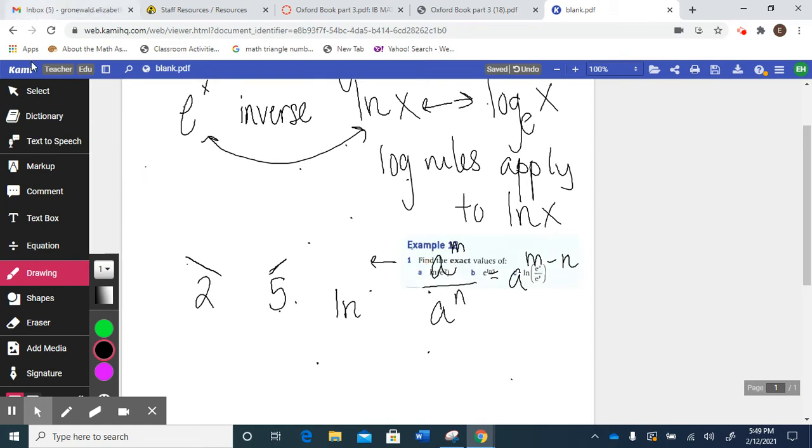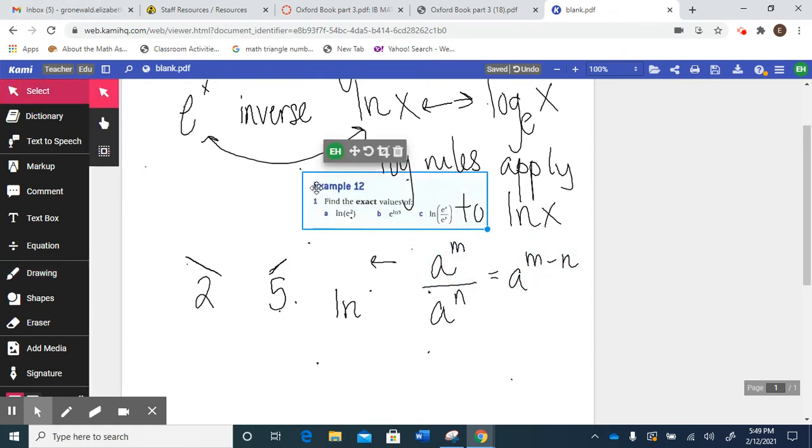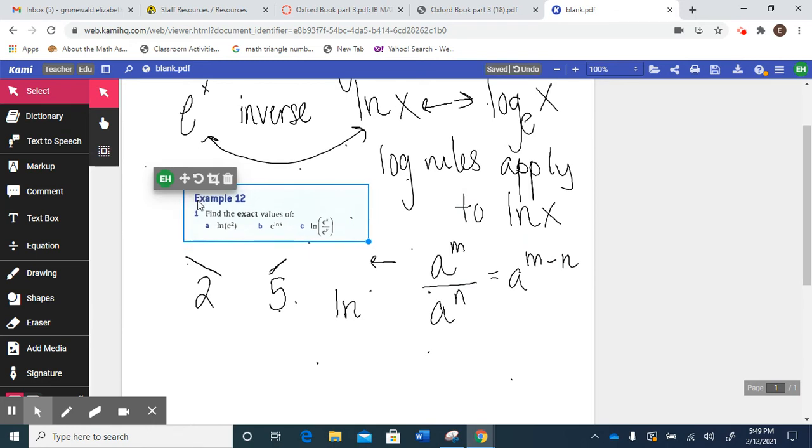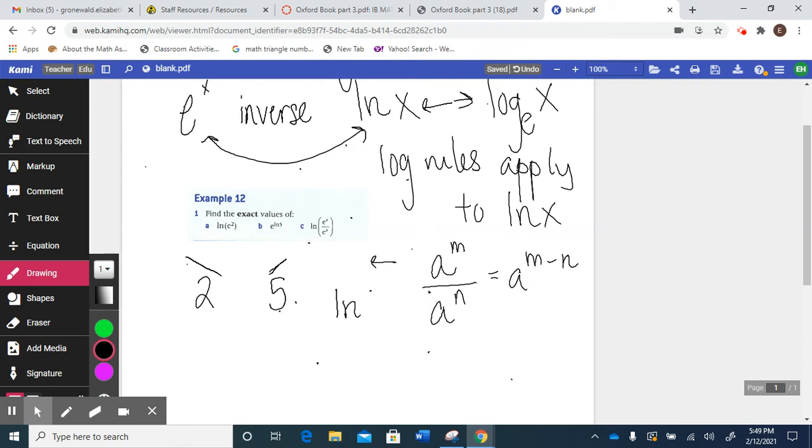Okay, so I'm going to go ahead and subtract the y from the x. So it would be e to the x minus y. And then those two cancel each other out. So you're just left with x minus y for part C.